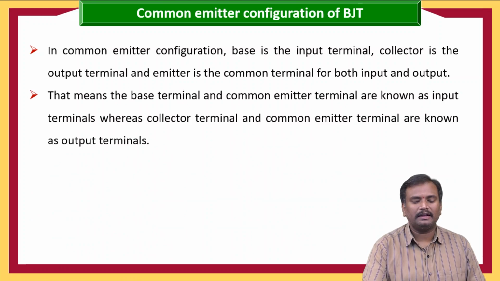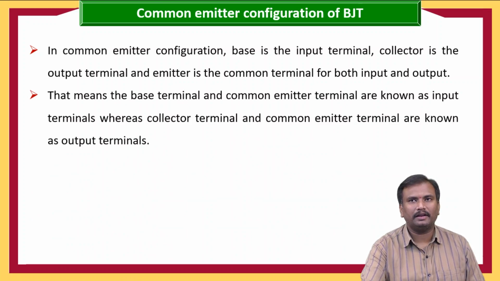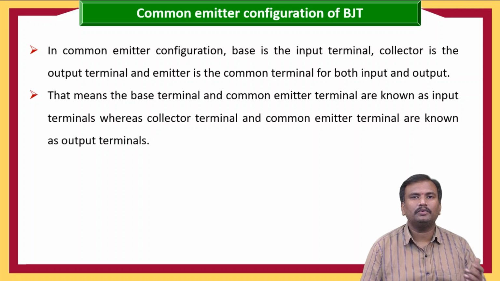Here the base terminal and common emitter terminal are known as input terminals. For the input, the two terminals are base terminal and emitter terminal, whereas collector and emitter terminals will work as the output terminals.